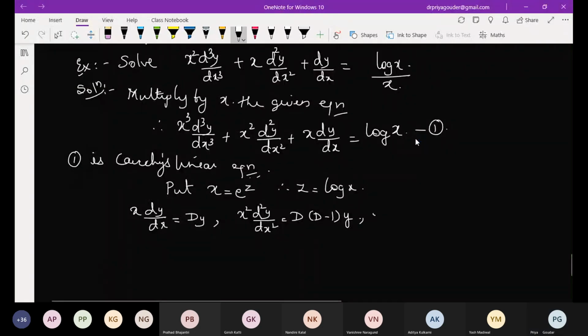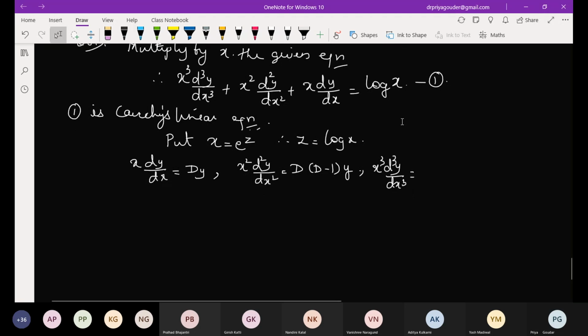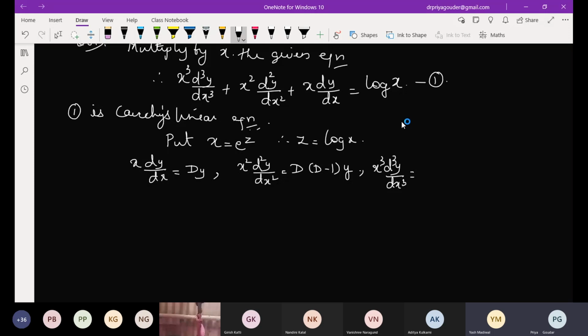Next, x cube d cube y by dx cube will be what? This is a new member in our equation. We substitute this third order as D into D minus 1 into D minus 2. Very good. Similarly, if you have a fourth order, you have to write till D minus 3.